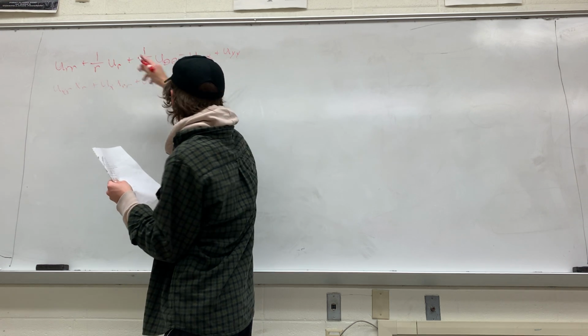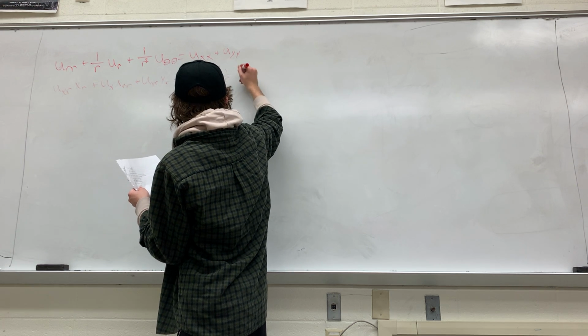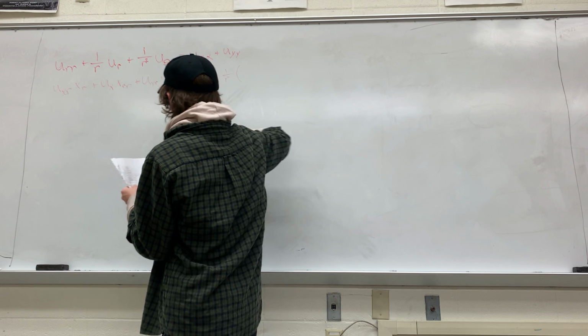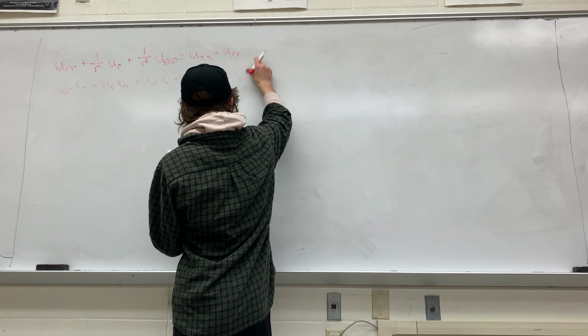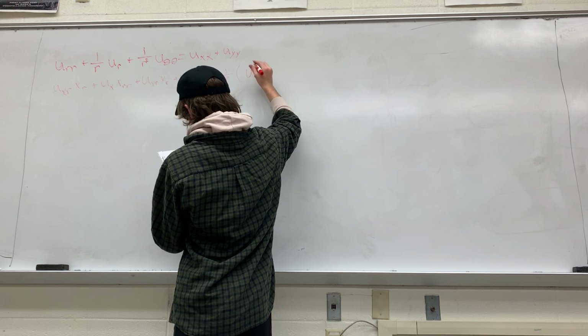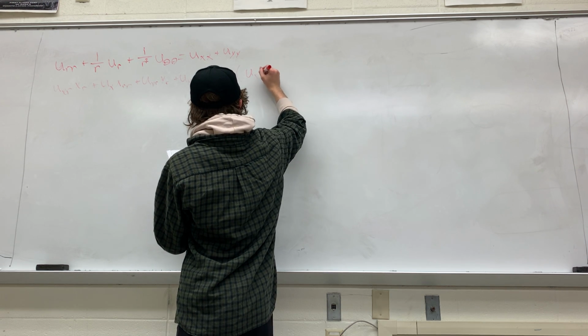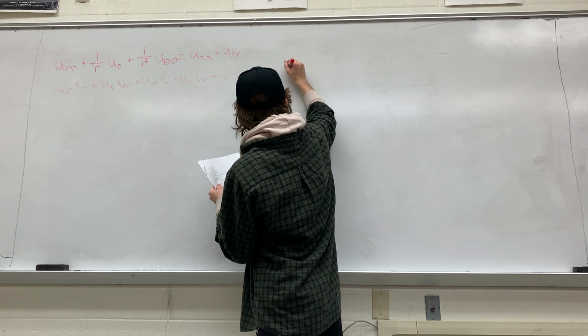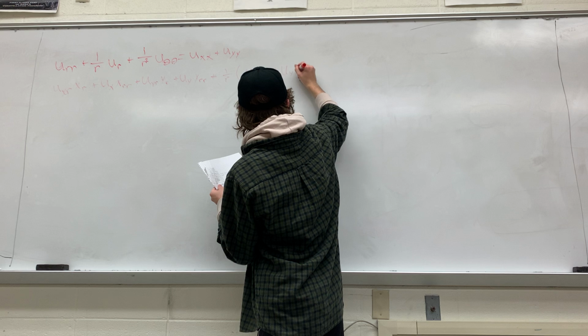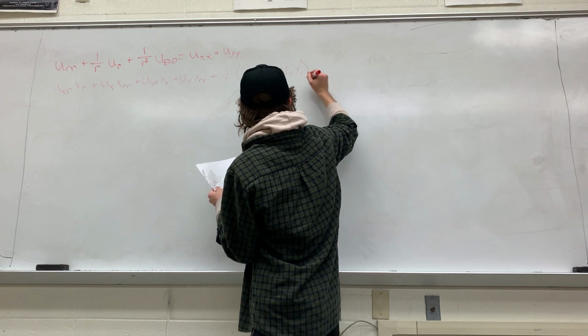And then we have 1 over r of U_r, which is U_xx r plus U_yy r.